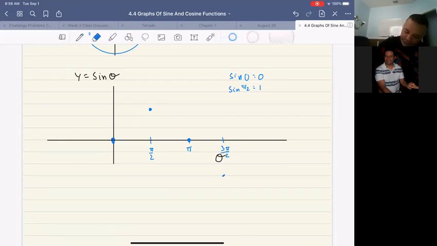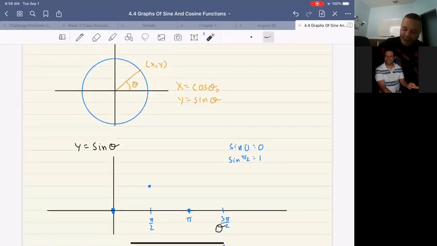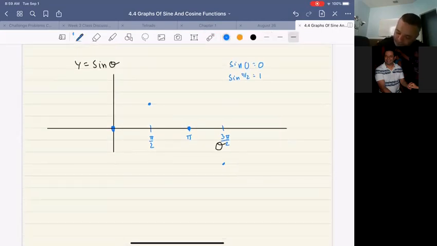Let's move this point a little, make it a little more uniform. And then finally, when we get all the way around to 2 pi, the y coordinate is 0 again. Now I'm just going to draw a smooth arc here.